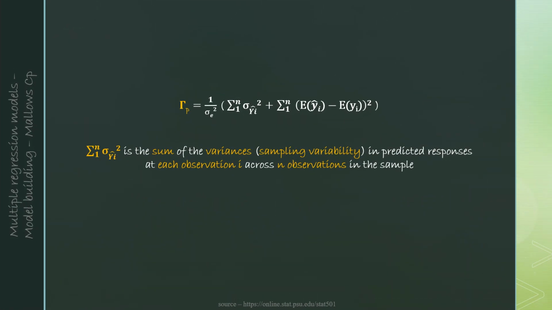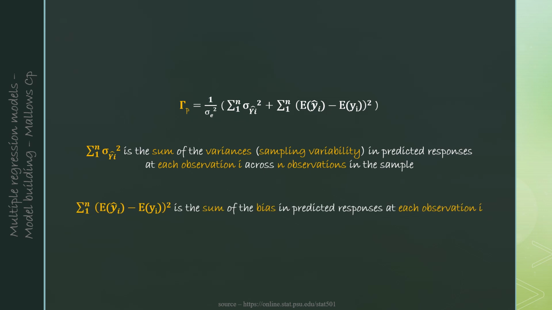In the above formula for gamma p, sigma 1 to n sigma yi hat square is the sum of the variances due to sampling variability in predicted responses at each observation i across n observations in the sample. Sigma 1 to n estimated yi hat minus estimated yi whole square is the sum of the bias in predicted responses at each observation i.